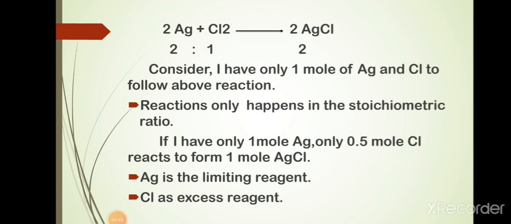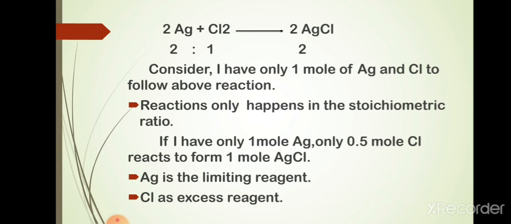In this reaction of 1 mole of Ag plus 1 mole of Cl, 1 mole of silver completely reacts with 0.5 mole of chlorine to form 1 mole of AgCl, that is silver chloride.